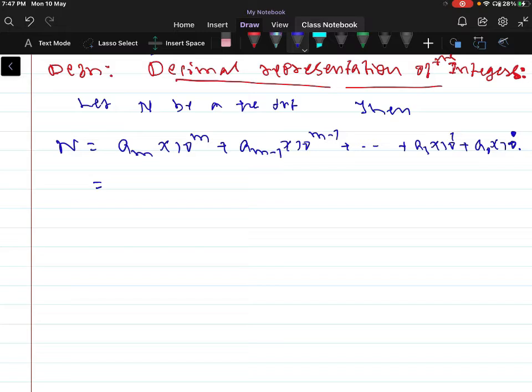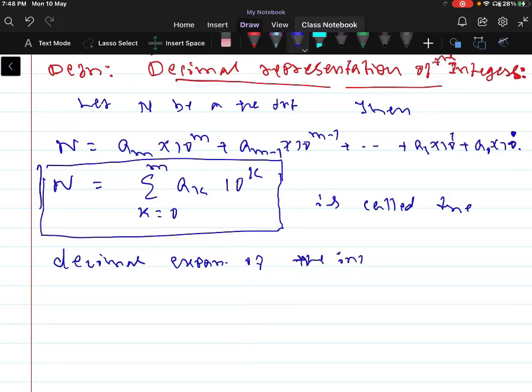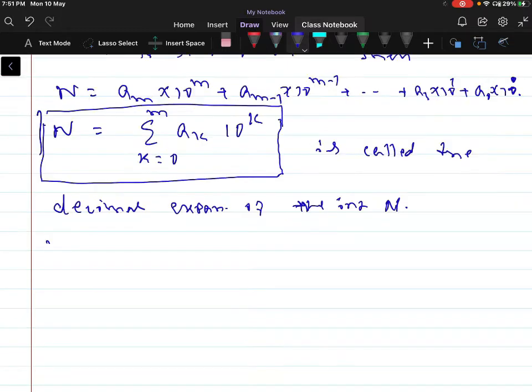This can be written as the summation of k equal to 0 to m of a_k into 10 power k, which is called the decimal expansion of the positive integer n.